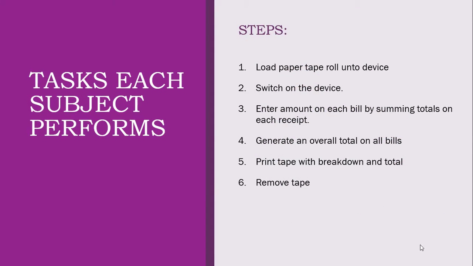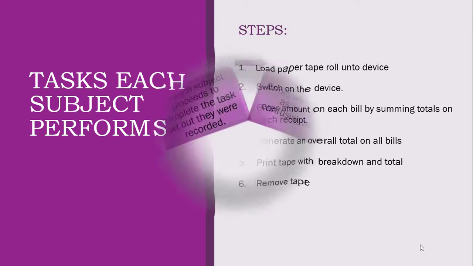So basically what was done, we created a task list where the subjects had to load the paper onto the device, switch on the device, enter the amount on each bill, generate an overall sum or tally, print that tape, and then remove the tape from the machine. It's a pretty simple process.